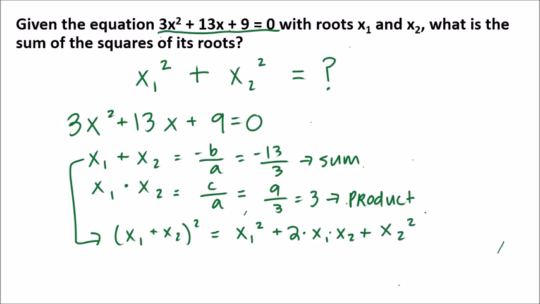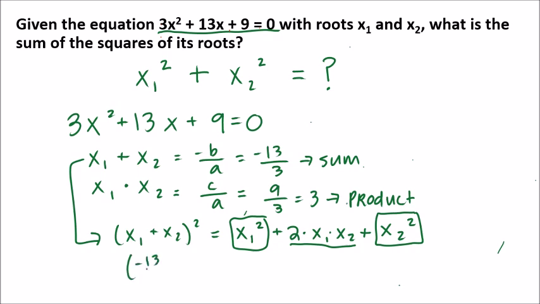Well, hey, we have what we're looking for. X sub 1 squared plus x sub 2 squared. We just got a little excess here, but take a look at it. It's 2 times the product of the roots. We're set.